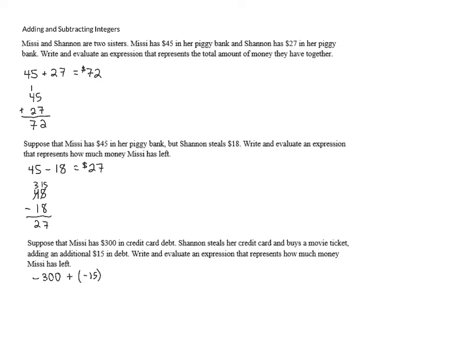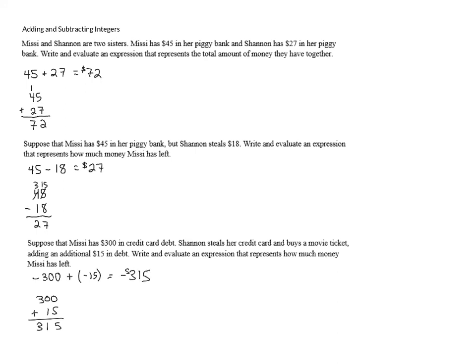So what we're going to do is we're going to set up the addition, 300 plus 15, to figure out the total amount of debt. We don't put negatives inside these additions. Now let's add. 0 plus 5 is 5. 0 plus 1 is 1. We bring down the 3 to get 3. So we have $315, but we know that that's debt, so the answer is going to have to be negative $315.